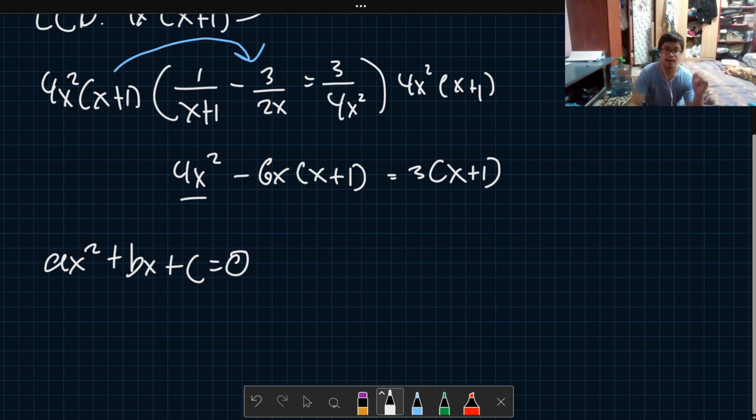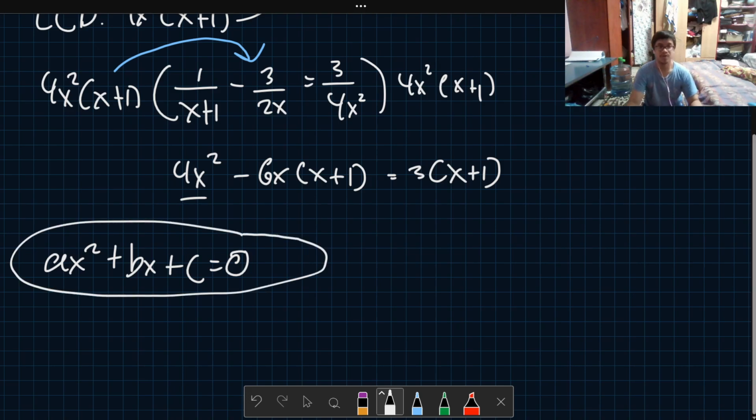So in my own theory or assumption, our equation would look like this. After expanding these parentheses and combining all similar terms, that means you're going to find the x the way you solve for x in a quadratic equation.